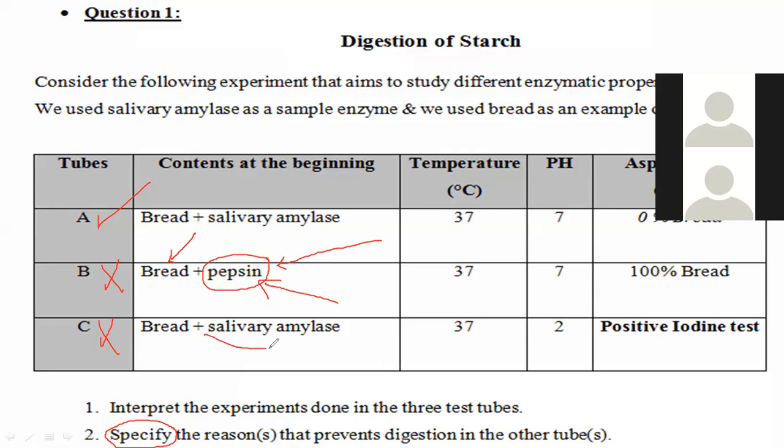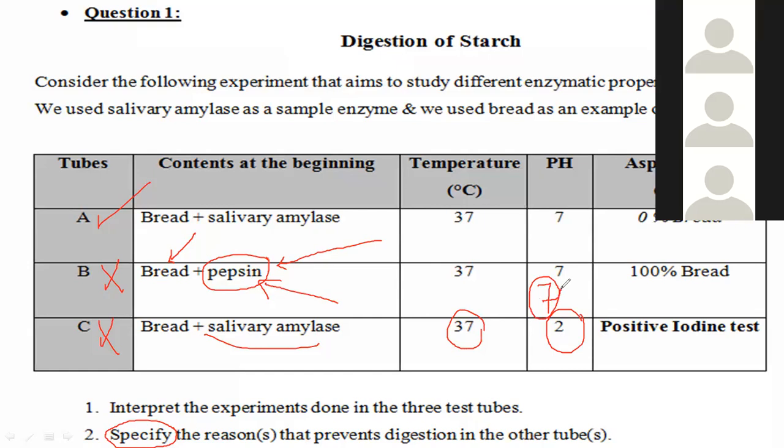Salivary amylase works on starch. Temperature is 37, but the pH here is 2. The normal pH for salivary amylase is not 2, it's 7. So that's why it doesn't work here. Every enzyme needs a specific pH, while in tube B, every enzyme needs a specific substrate. That's why we don't have digestion.